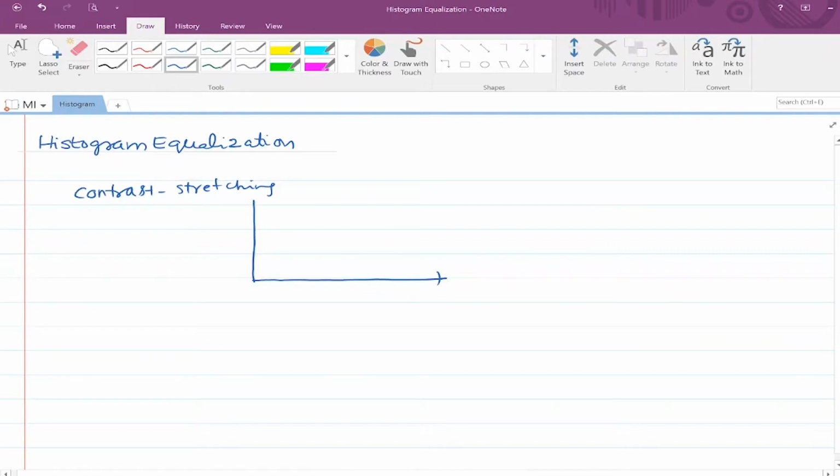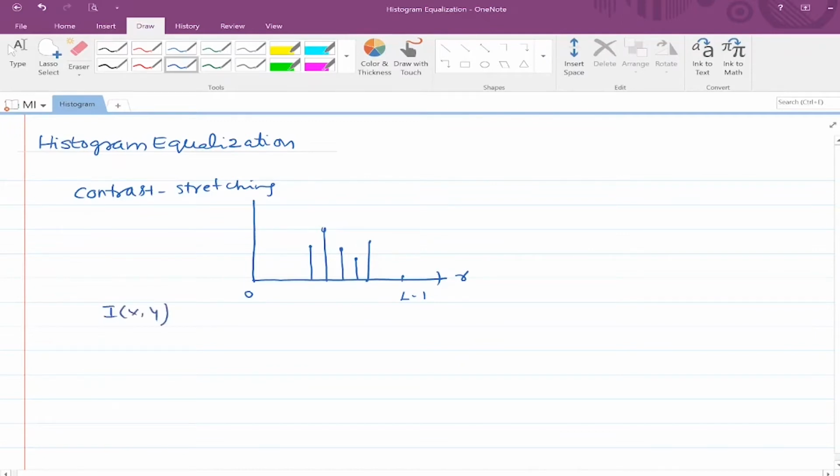Let R be the different possible values from 0 to L minus 1, and we are plotting the histogram for a given image, let's call it I of x comma y.